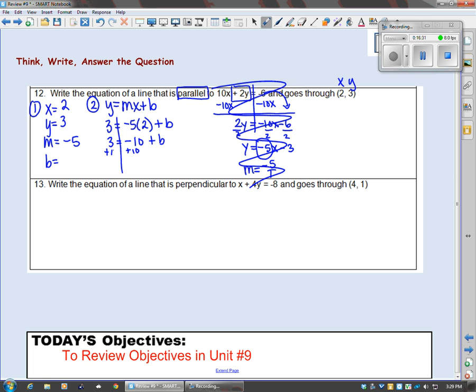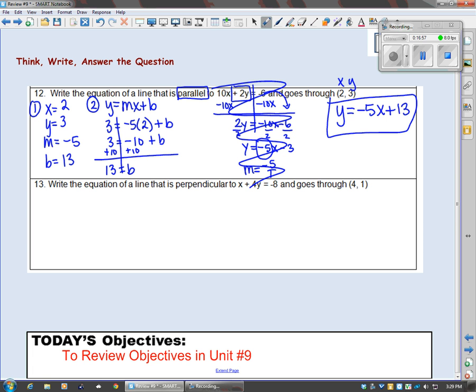Add 10 to both sides, and you get that b is 13. Final answer, letter, number, letter, number. Letter for y, number for m, letter for x, number for b. That's your final answer.